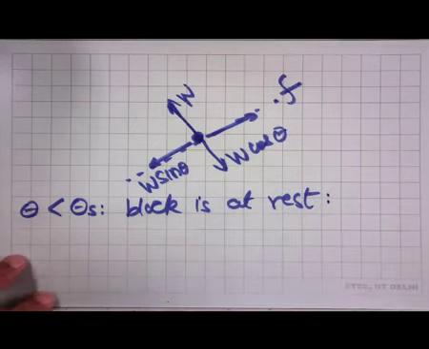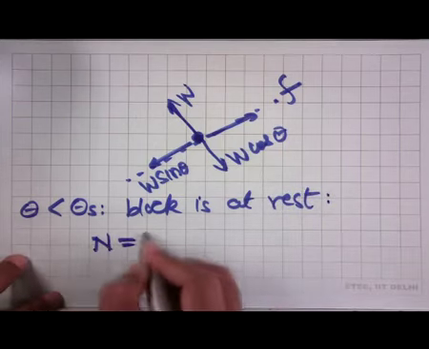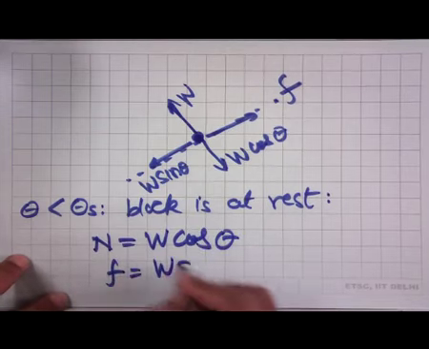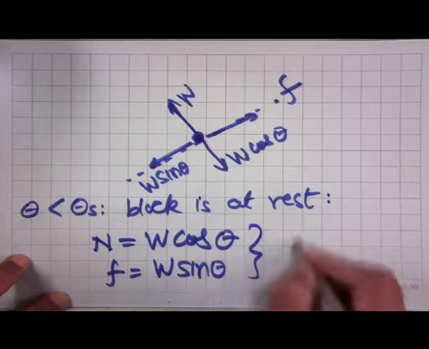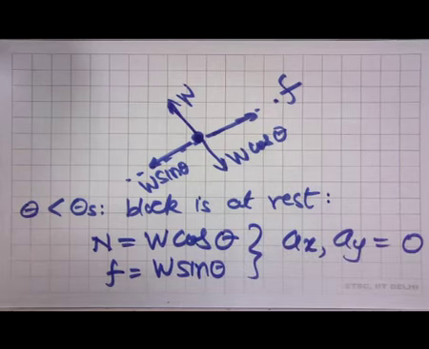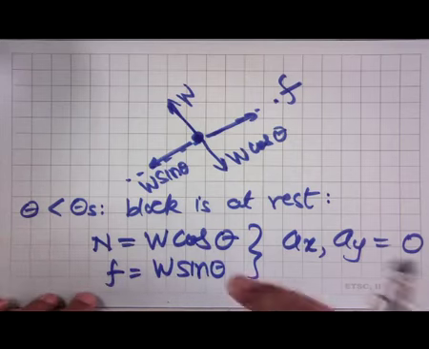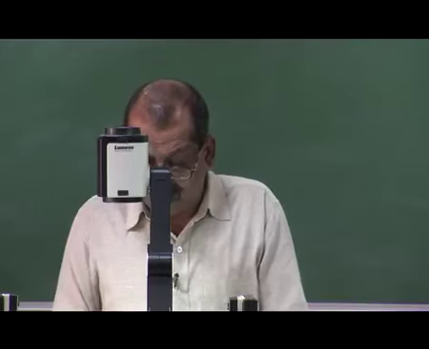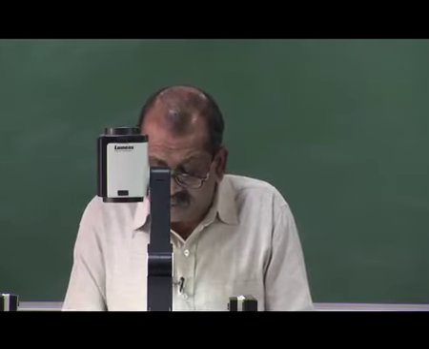So N is equal to W cos theta and F is equal to W sin theta, because Ax and Ay are 0. So the friction force, when the body is not slipping and is just at rest, is equal to W sin theta, and the normal reaction is W cos theta.